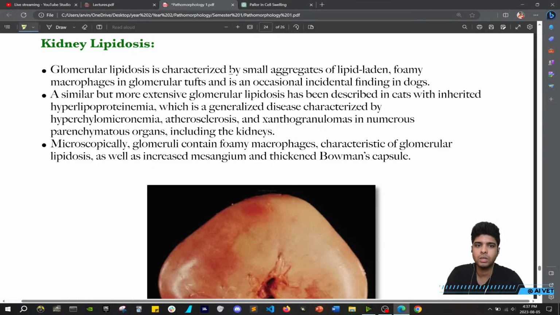Small aggregates of lipid laden foamy macrophages in the glomerular tufts.